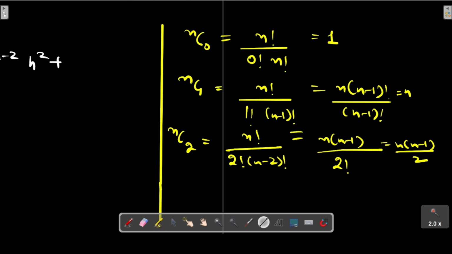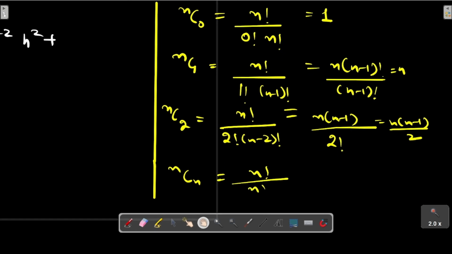Okay. Now ncn is n factorial over n factorial and 0 factorial, and that's just your 1.